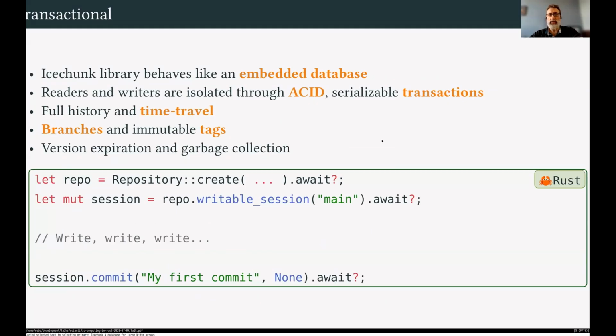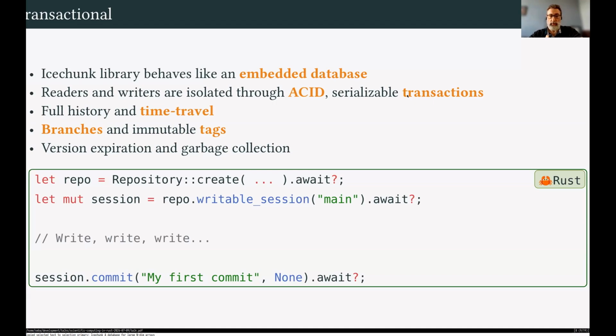We say that Icechunk is transactional basically because it behaves like an embedded database. It's a library that you can embed in your system, and it brings the functionality of a database. What that means is that it provides transactions, what are called ACID transactions, and this allows you to have multiple processes, potentially hundreds or thousands of users, interacting with the same data at the same time.